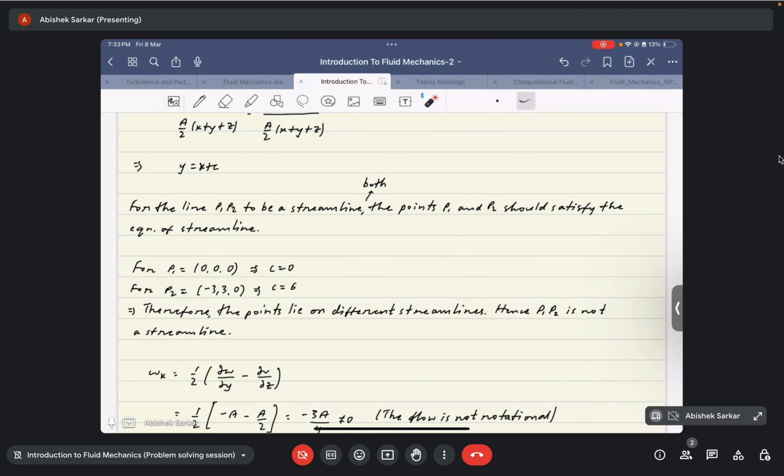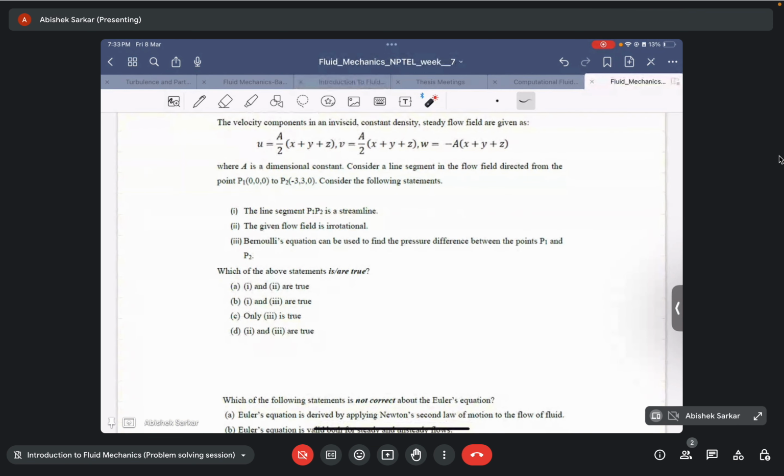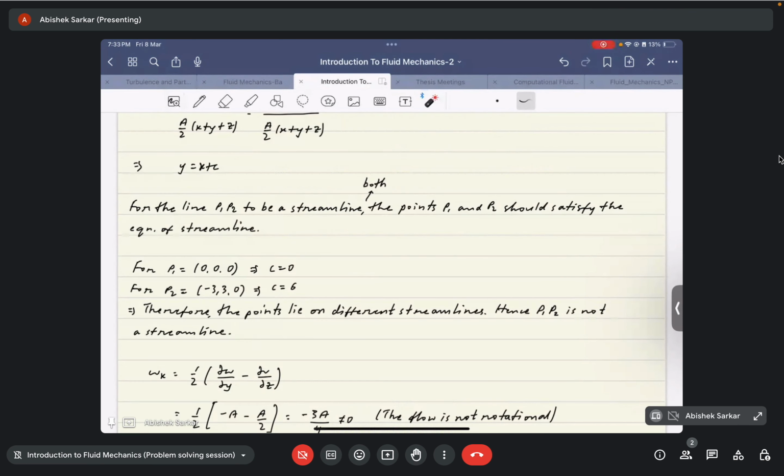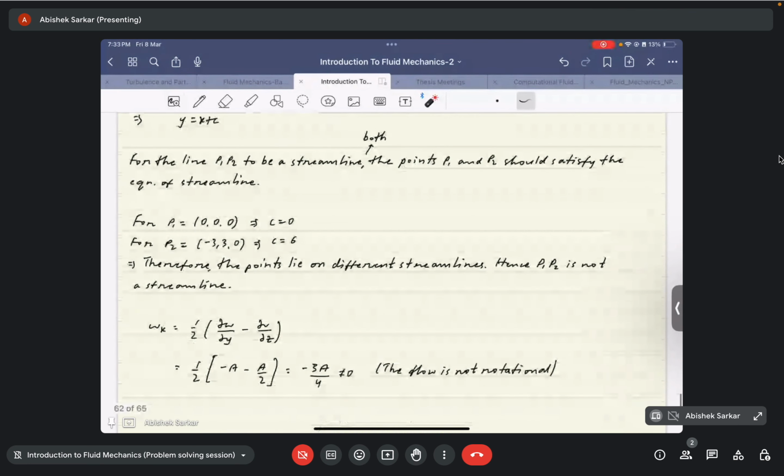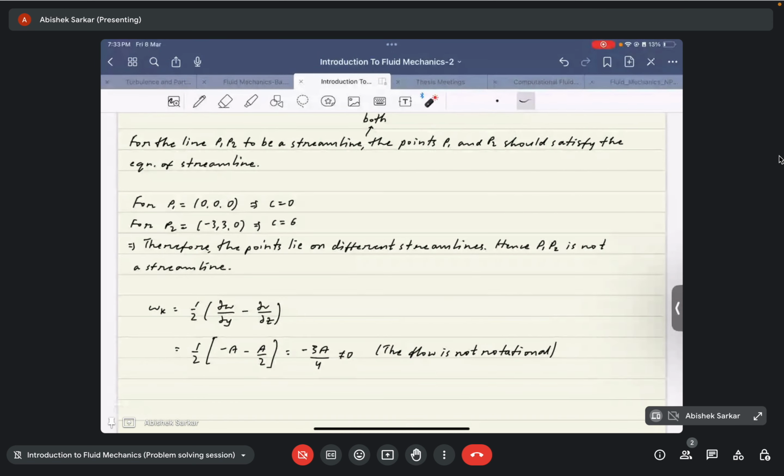Okay, then let us look into the second condition, that is, the given flow is irrotational. In order to do that, just try to find the angular velocity of the given flow field to see whether it is non-zero or not.